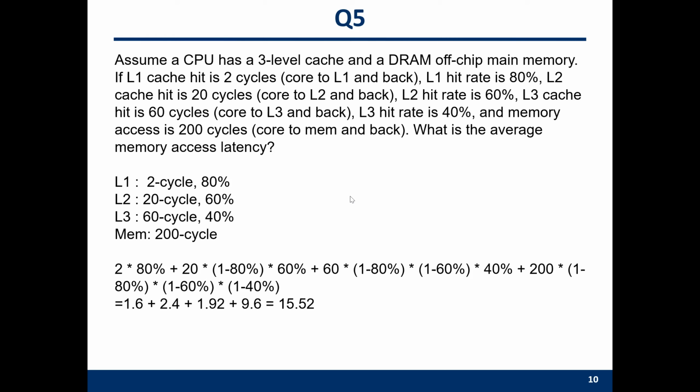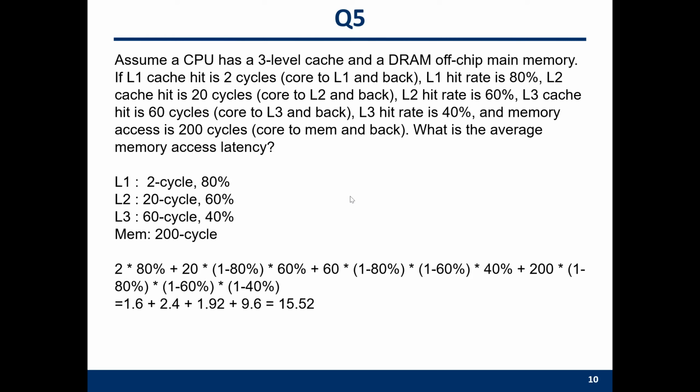For all the memory accesses, 80% will hit in L1. Then you can use 1 minus p, which is the other 20%. In the other 20%, 60% will hit in the L2, and the rest will go to the L3 cache.